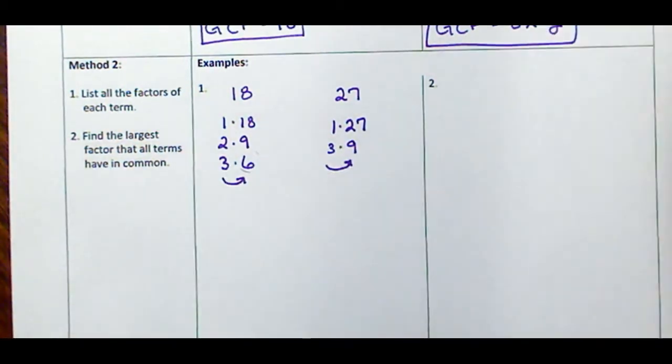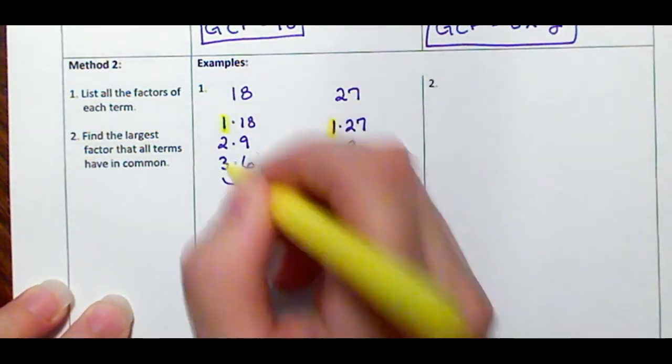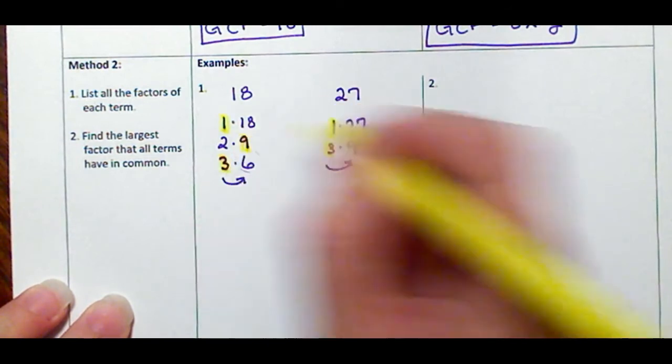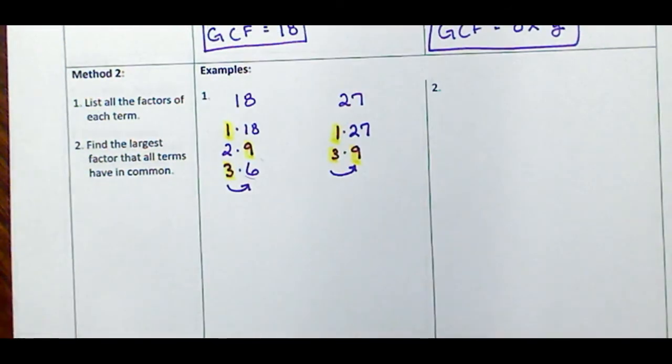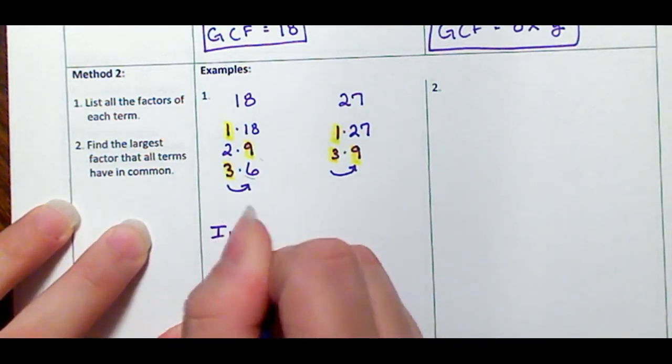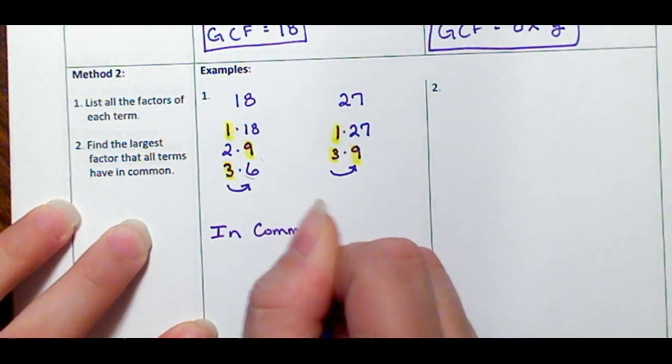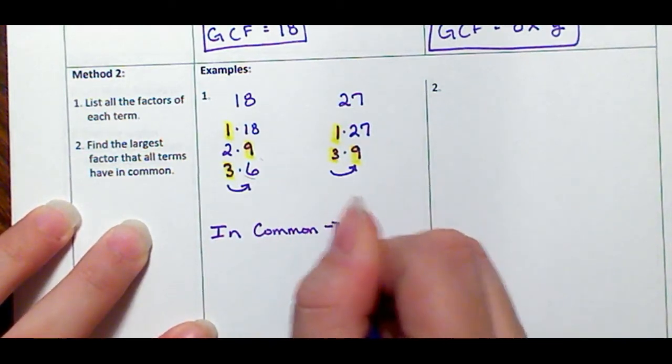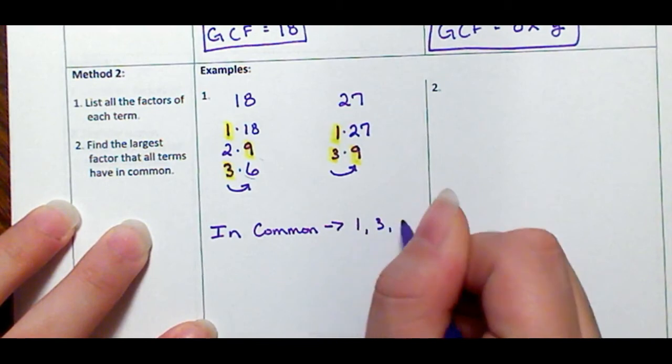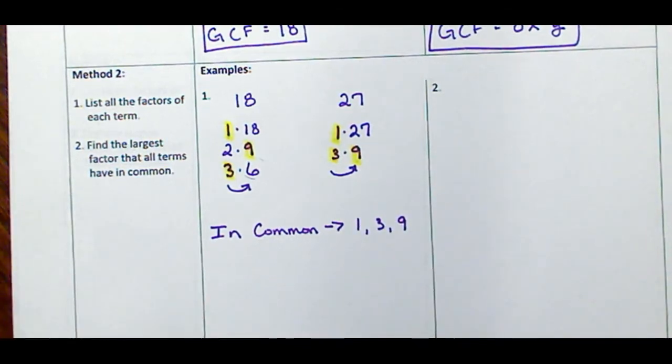So we can look here and see that all the factors they have in common are 1, 3, and 9. But we are looking for the greatest one. So let's write that down. The ones in common are 1, 3, and 9, but we're looking for the biggest, and 9 is the biggest.